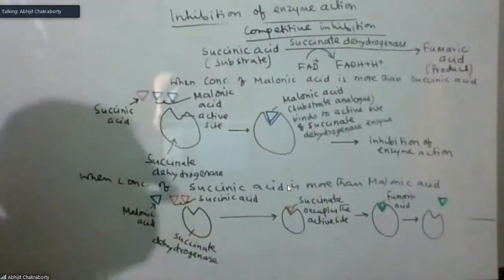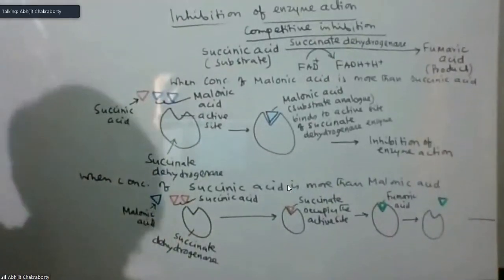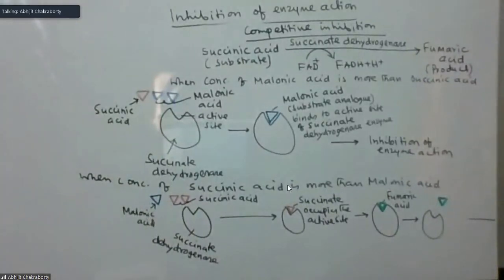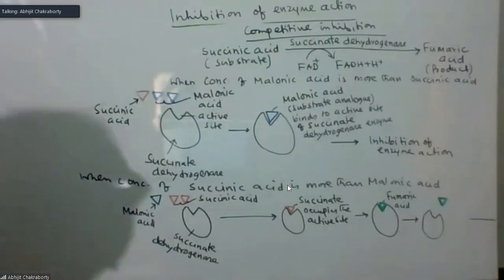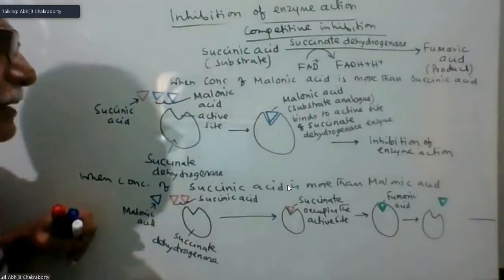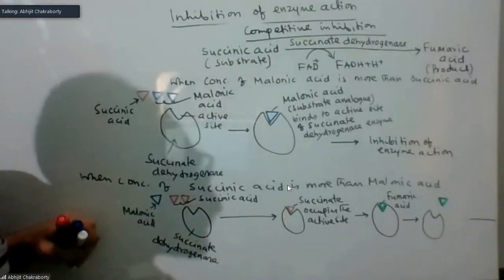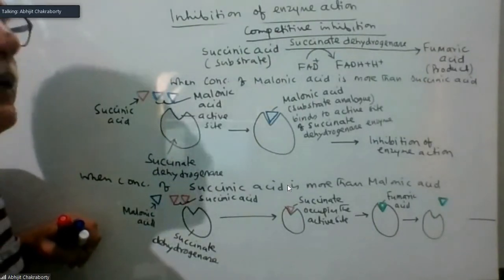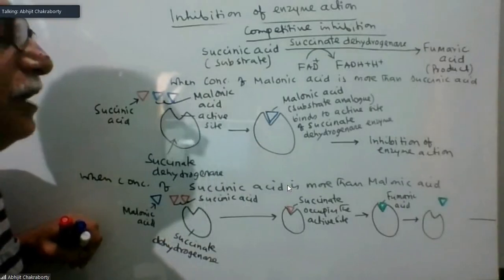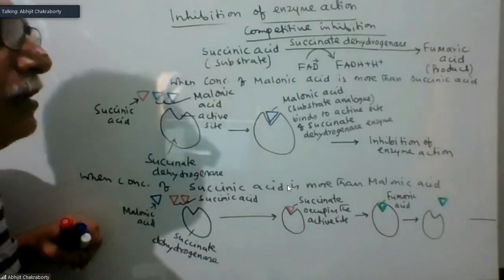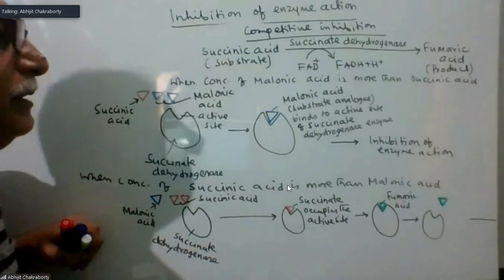This is what happens when the concentration of substrate is more than the substrate analog: the substrate occupies the active site and enzyme action resumes. So we get the product and the analog becomes free.